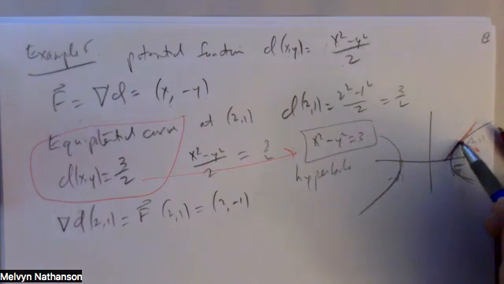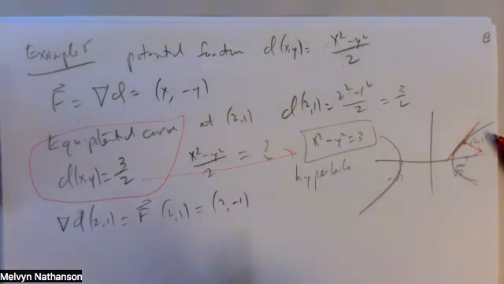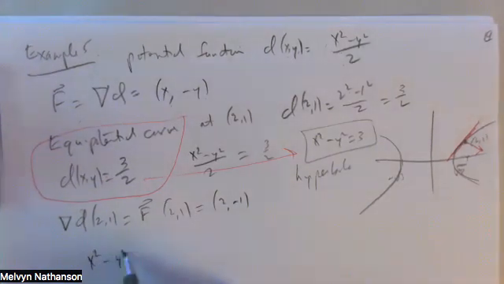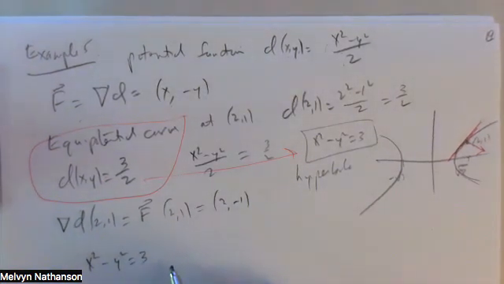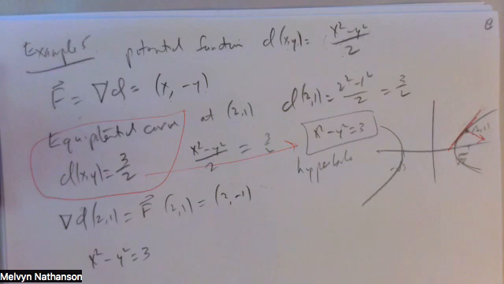What is the tangent vector at this curve? So the curve is given by x squared minus y squared equals 3.